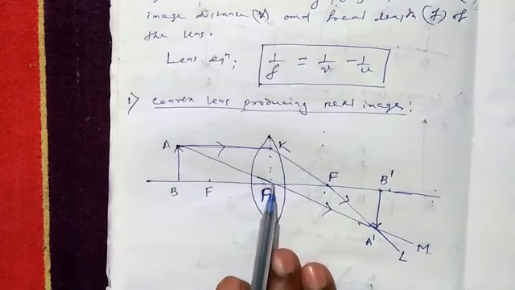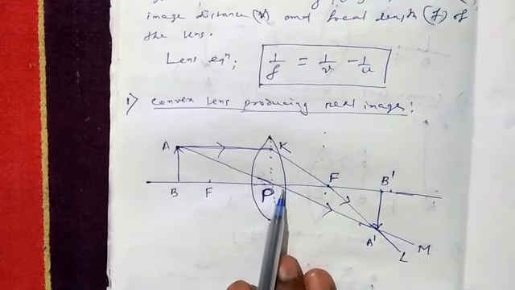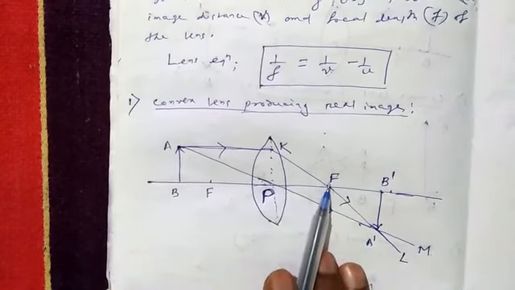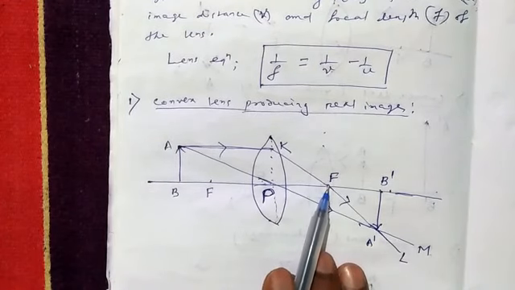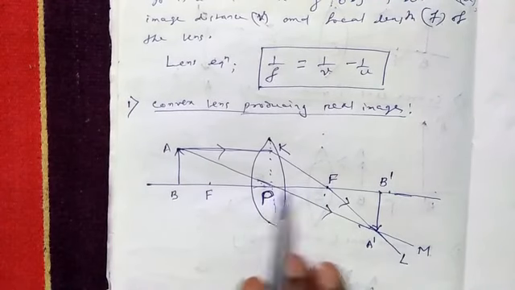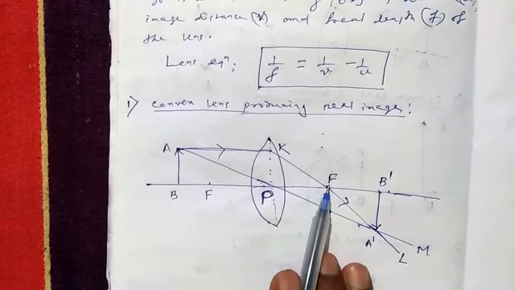Let P be the optical center and F be the principal focus of the convex lens of focal length PF equal to small f.